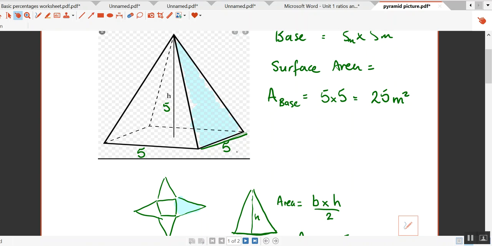Okay? So I'm going to add in another line here, and I'm going to put in this line down there. And this line here, I'm going to give it a name. Does anyone know what that would be already? This will be called the slant height of the pyramid.